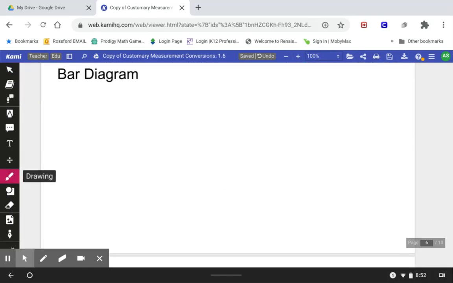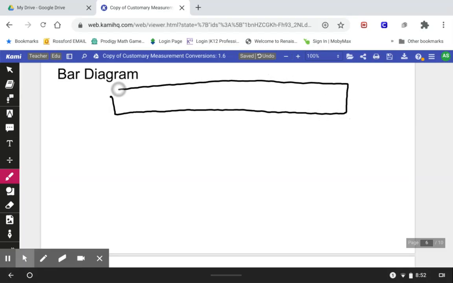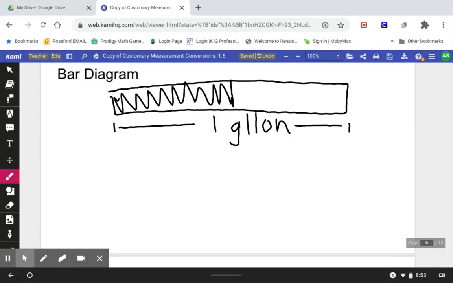All right. So for this example, go ahead and draw your bar. And this is going to represent my gallon. Well, in this example, Marco only has 1/2 of a gallon.